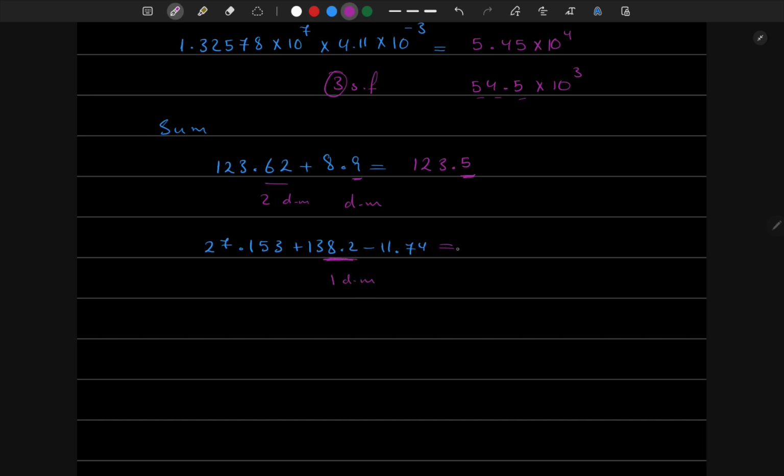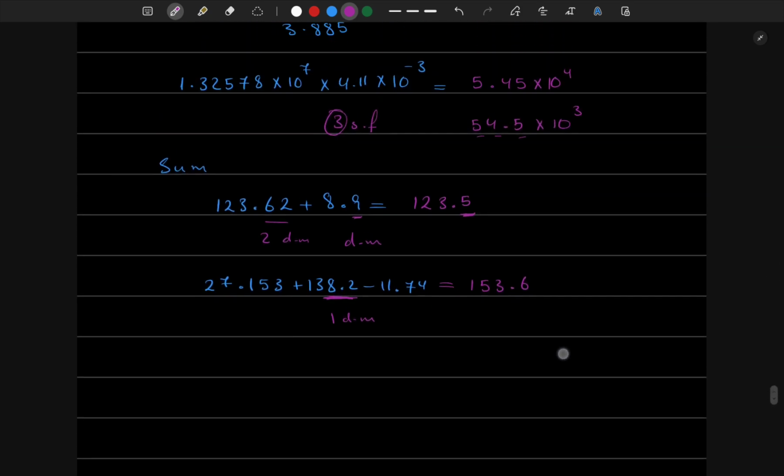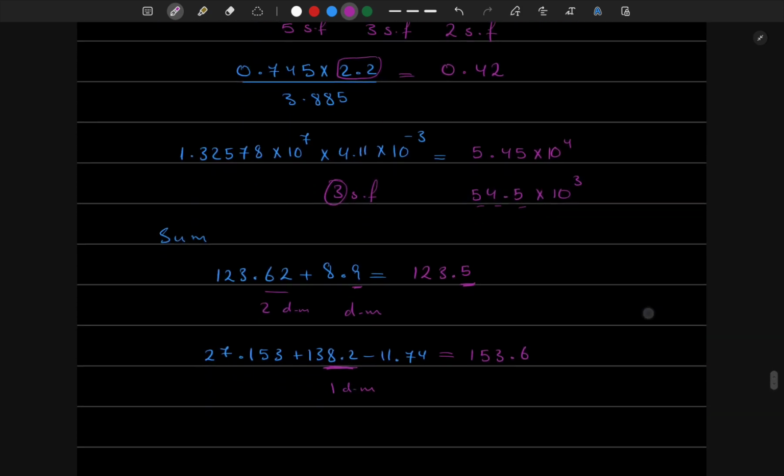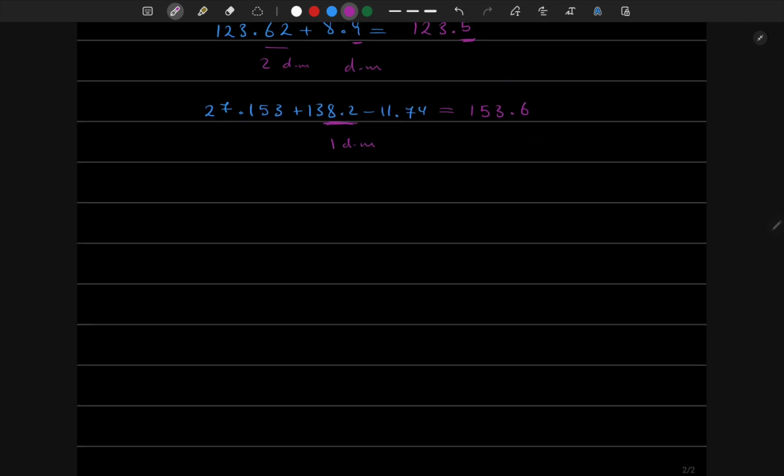So my final answer is going to have only 1 decimal place, which is 153.6. And this is all about how to multiply, divide, add, or subtract numbers that have significant figures, or when I'm paying attention to significant figures.